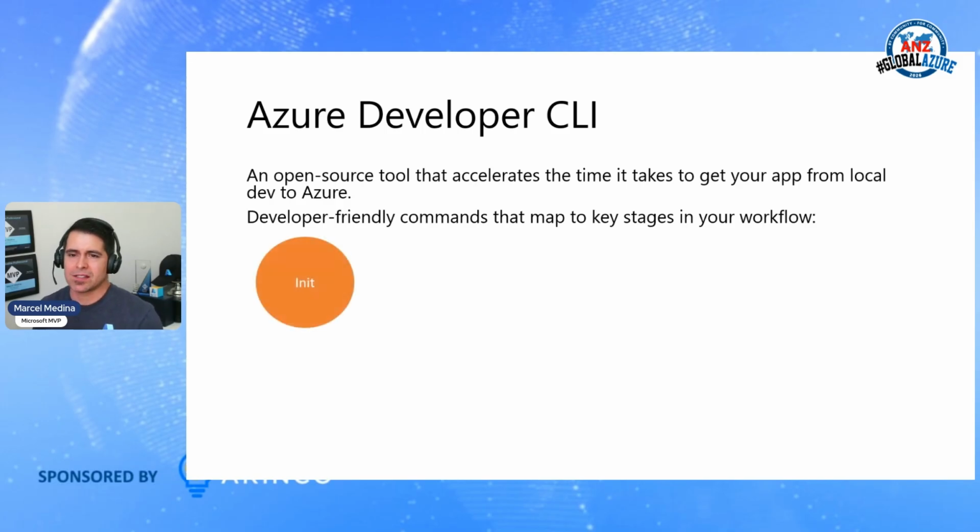Well, it means that as you're getting started, you're going to initialize your project, and that's going to bring some sort of resource that are going to connect. The CLI itself is smart enough to connect to your application, identify what sort of resource you might be using.